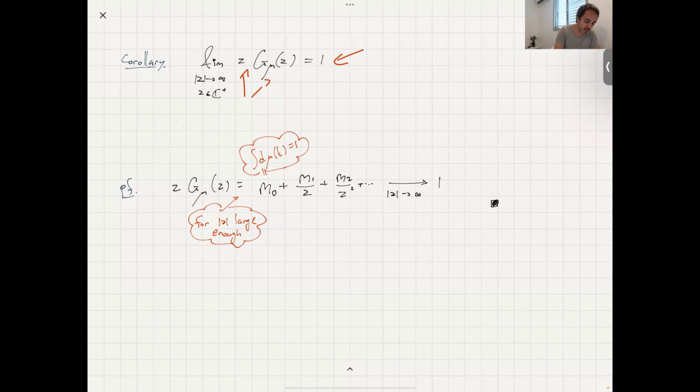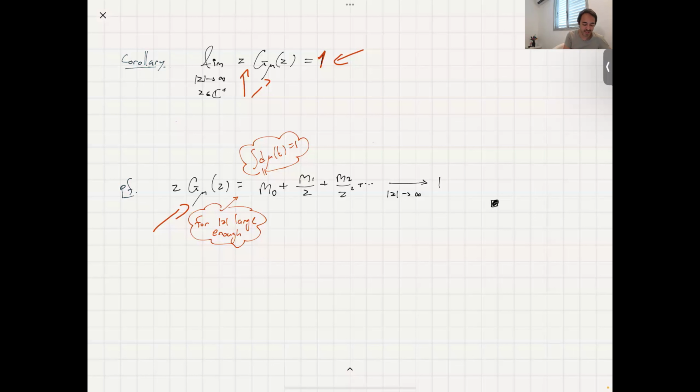But this one really comes from the fact that you are looking at a probability measure. So how do you see that? Well, z times the Cauchy transform of z, because z is large enough, you can Taylor expand. I mean, you only care about z being large enough, because you're looking at the limit anyhow. So you can Taylor expand G mu of z using the moments, as we just showed. But now you multiply by z.